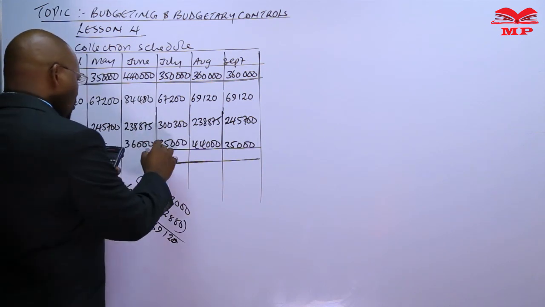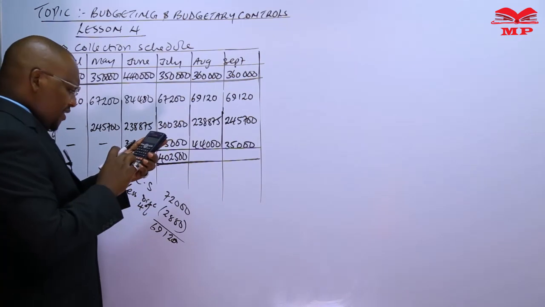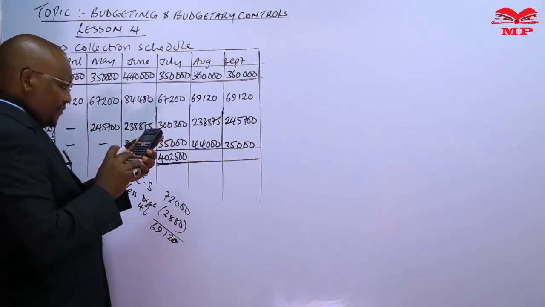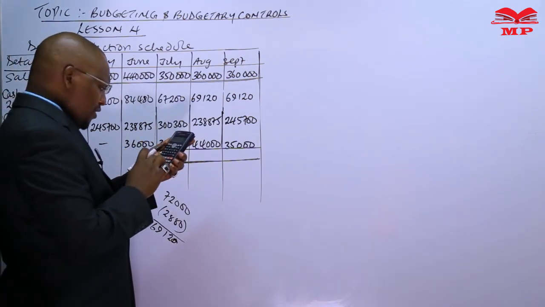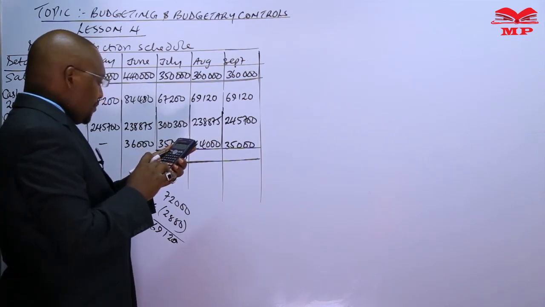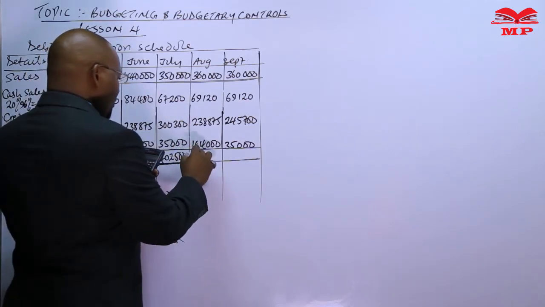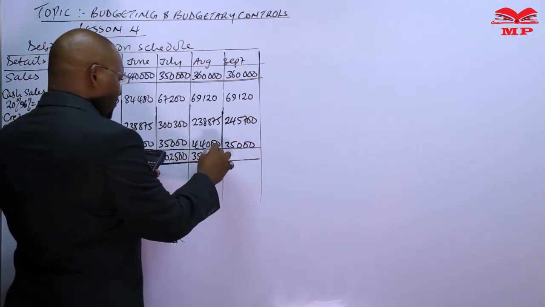This is giving us 402,500. Then this is 69,120 plus 238,875 plus 44,000. This is 351,995.